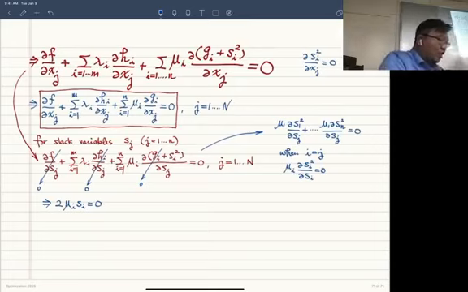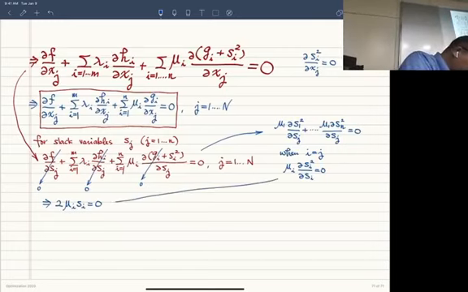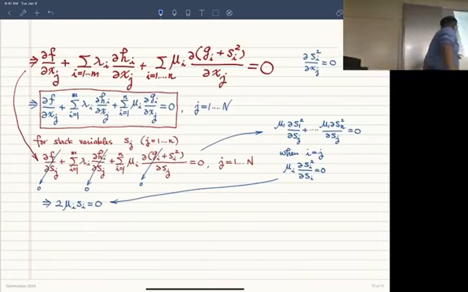Only this one has a result. So what would be the result of this derivation? It's a coefficient of 2, we keep the coefficient mu, and because of s squared, we have 2s. We only have one term left, the rest are 0. But this equation equals 0, so this term must be 0.